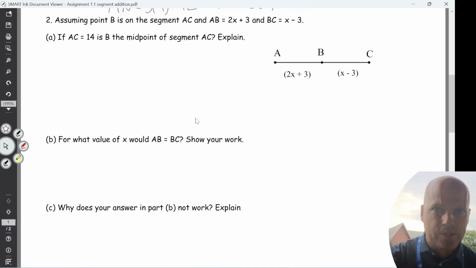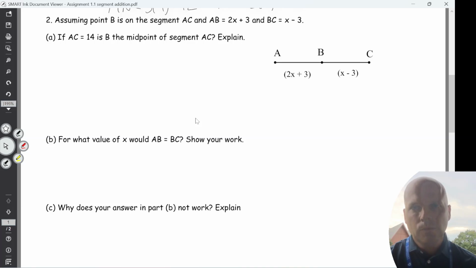In the next question, we have assuming point B is on the segment AC, and we are told AB equals 2x plus 3, and BC equals x minus 3. Then part A says if AC equals 14, is B the midpoint of segment AC?